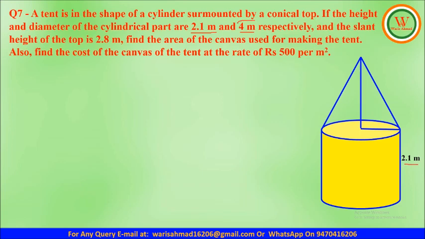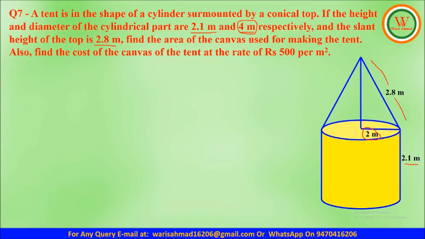Since diameter is given 4 meter, hence the radius of this cylindrical part will be equal to 2 meter. Now the next line of the question is slant height of the top is 2.8 meter. So here we can write the slant height of this conical part is 2.8 meter.